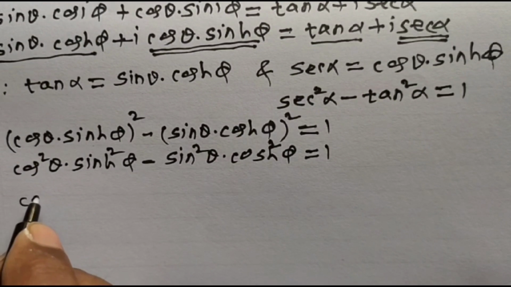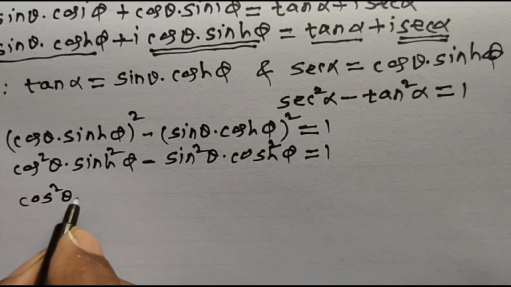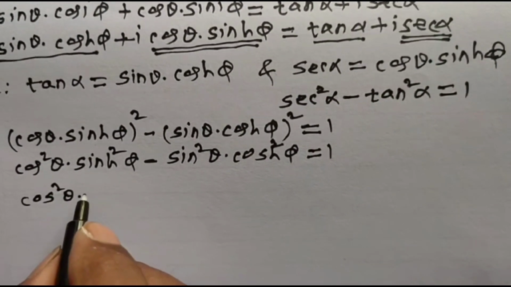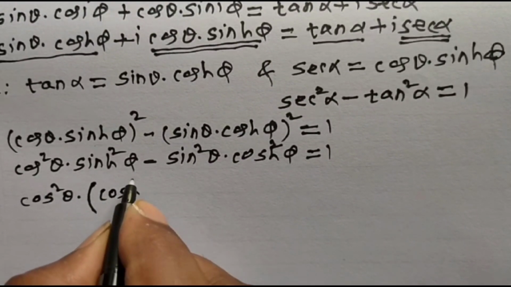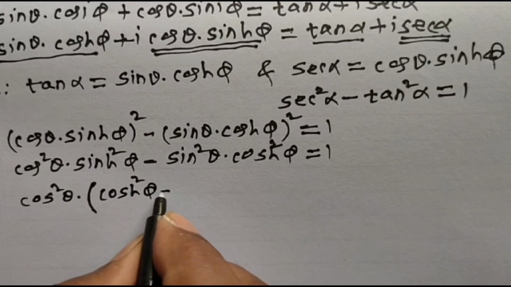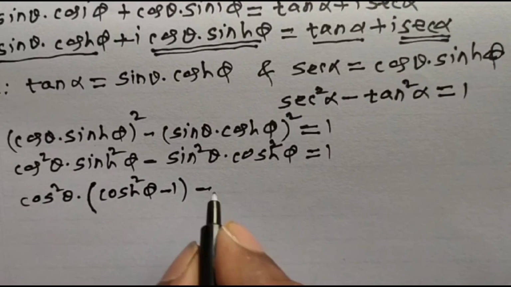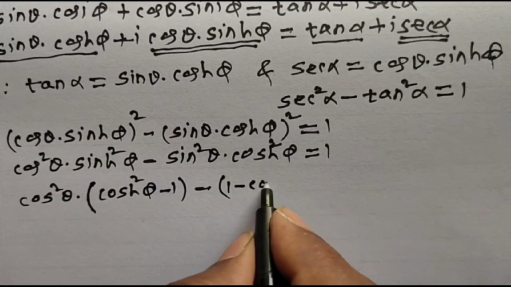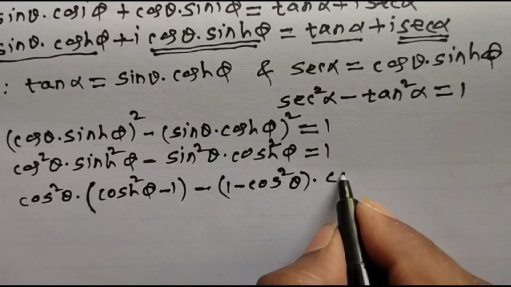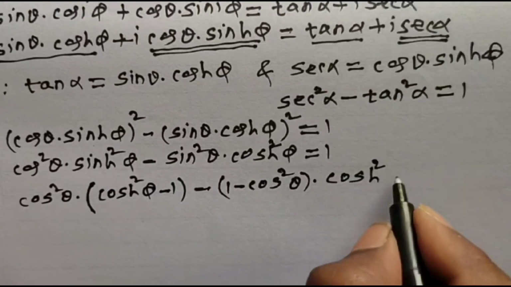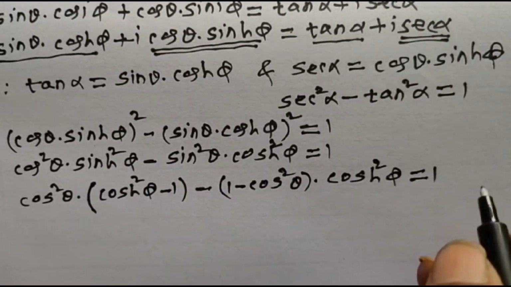So cos²θ sinh²φ is nothing but cos²θ (cosh²φ − 1), minus (1 − cos²θ) cosh²φ, equal to 1.